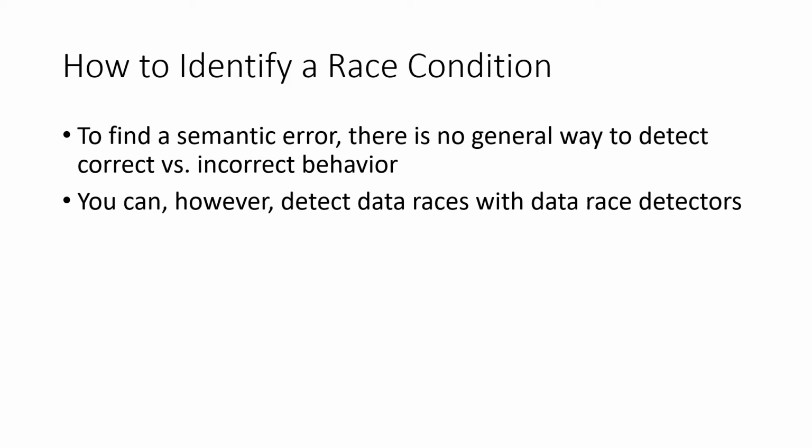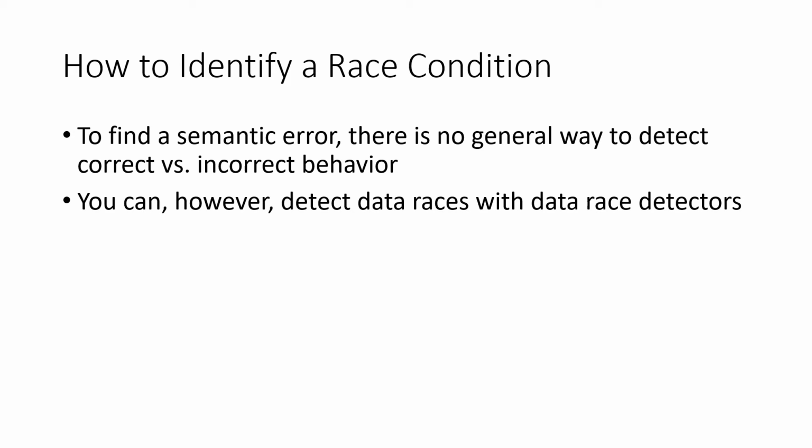When identifying a race condition, it is kind of tricky to approach it as just a semantic error, simply because when you talk about a semantic error, there's not really a way to detect them because there's not an automated oracle that can distinguish a correct behavior versus an incorrect one that the user intended a program to execute.